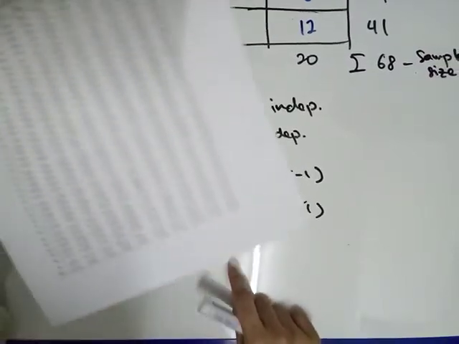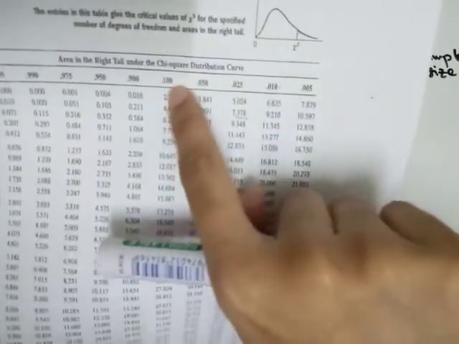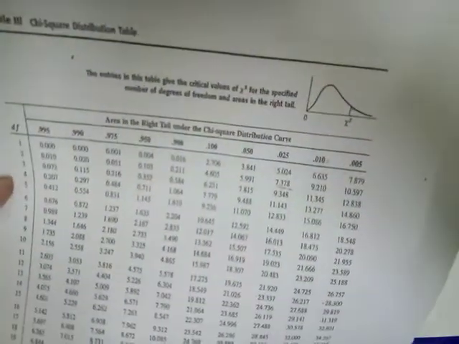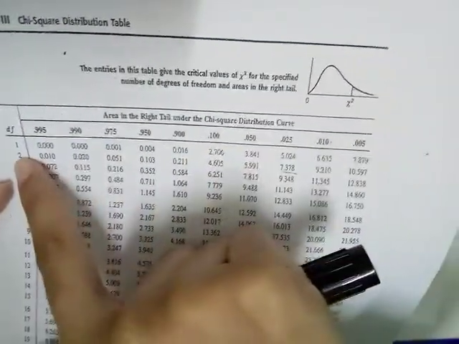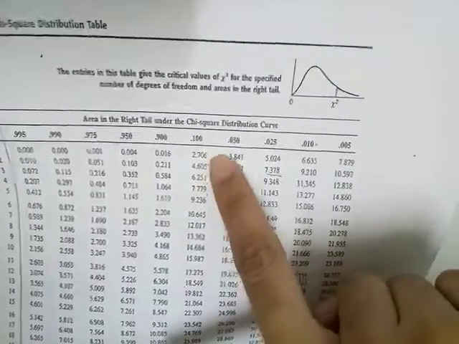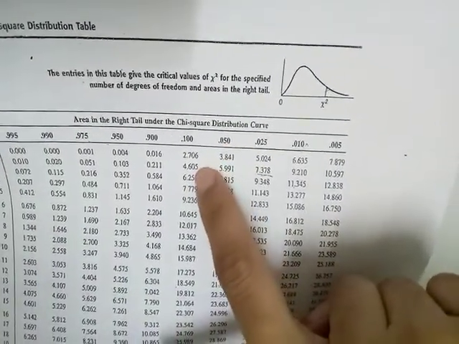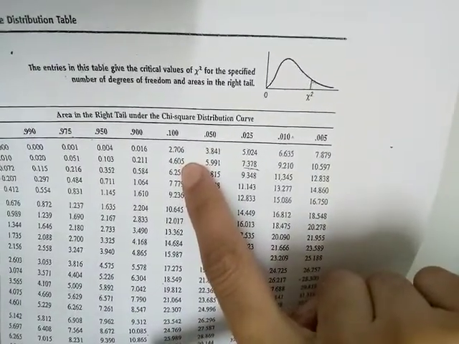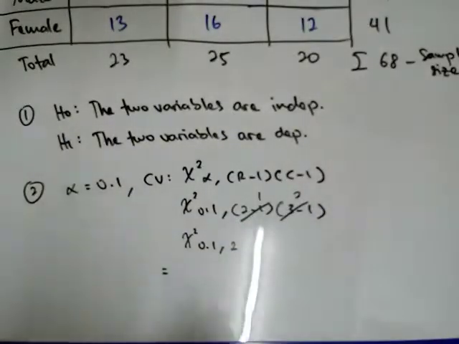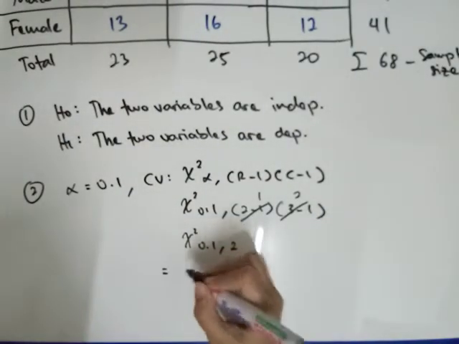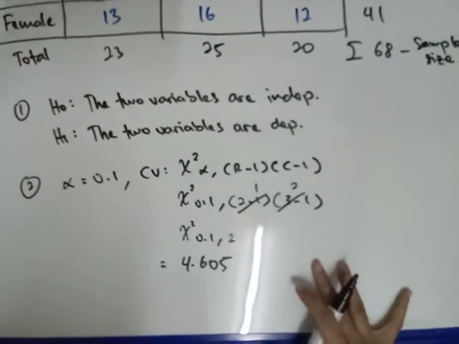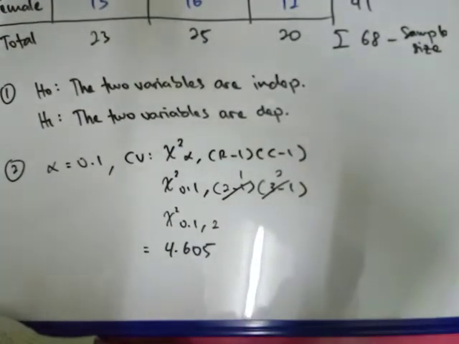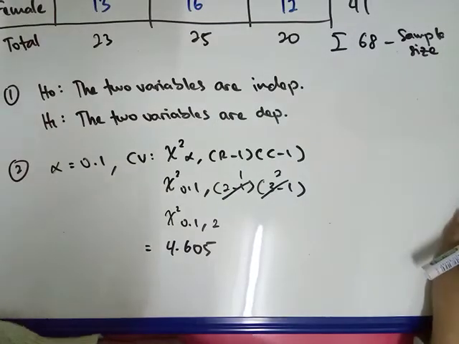Can you see it? So the value is 4.605. That is the critical value for chi-square. This is how to find the critical value for chi-square.